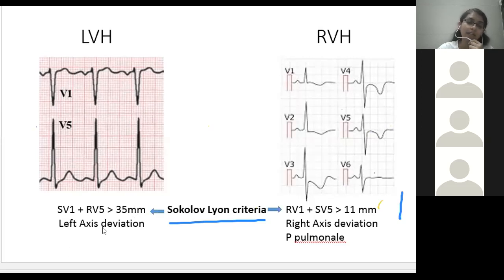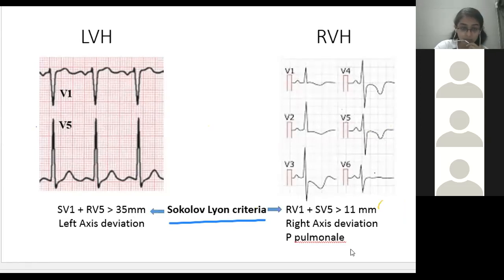Please check for left axis deviation, because you know there will be left axis deviation in case of left ventricular pathologies. Then the criteria for right ventricular hypertrophy says R in V1.